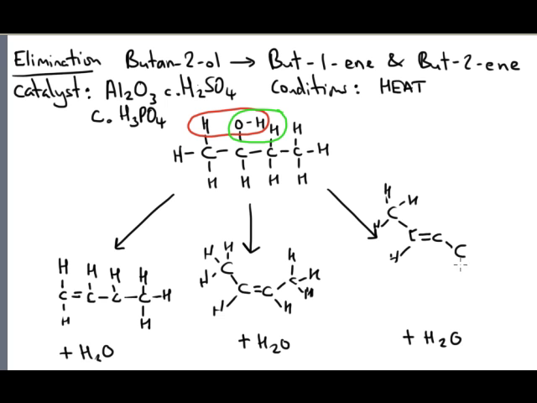So this here is E-but-2-ene, and this is Z. Z because they're on the same side of the double bond, E because they're on the opposite sides of the double bond. So that's elimination of water from an alcohol, forming an alkene.